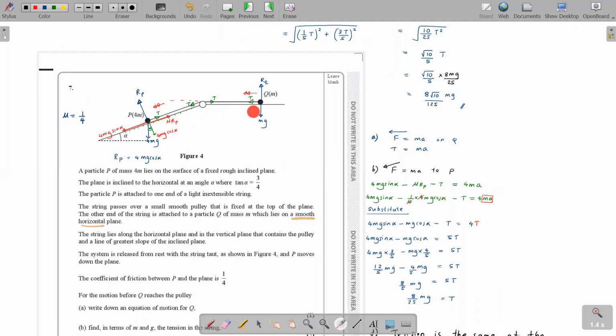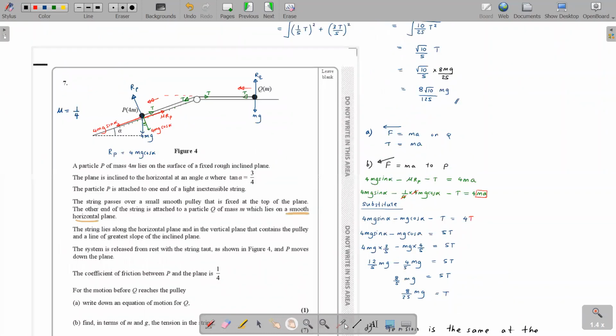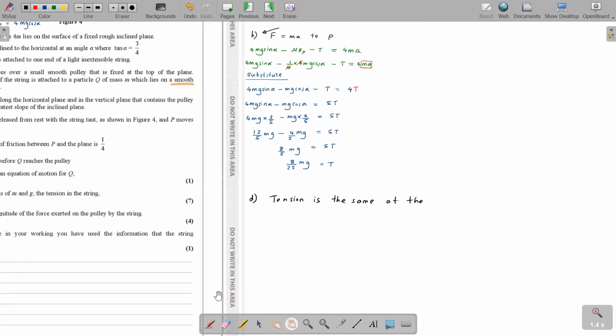So then we can use the word tension is same. The book says they take a single string. So here we have the pulley also in the middle. So we can use tension is same throughout sections of the string.